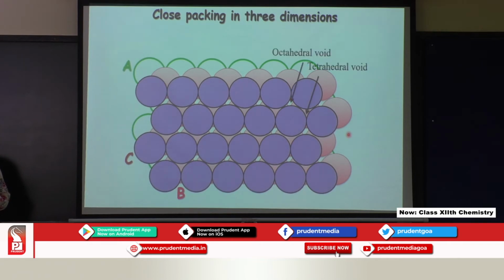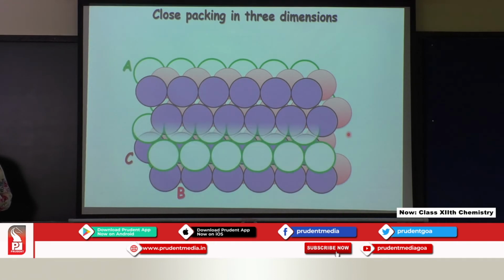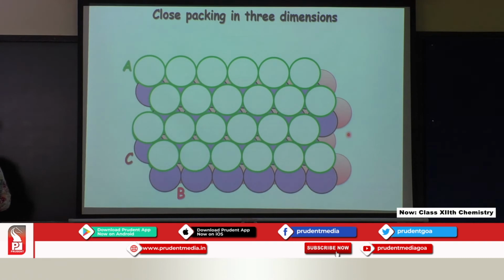If we continue further, we can see the octahedral and tetrahedral voids, and producing more layers will be in this manner.